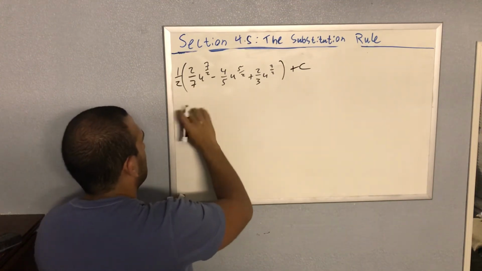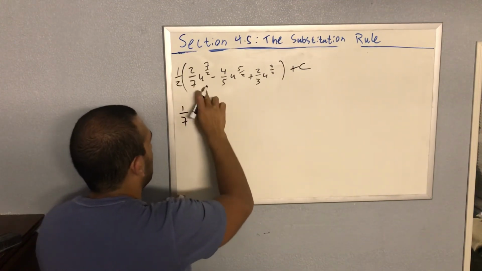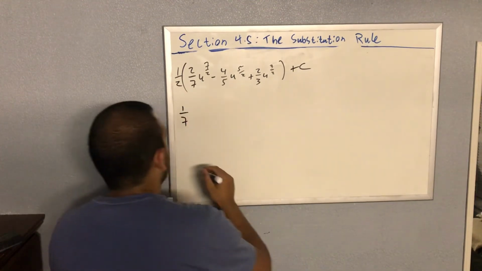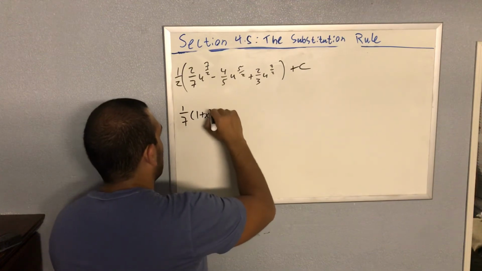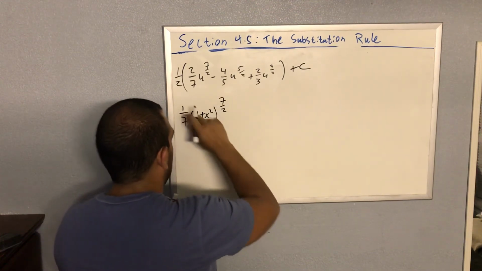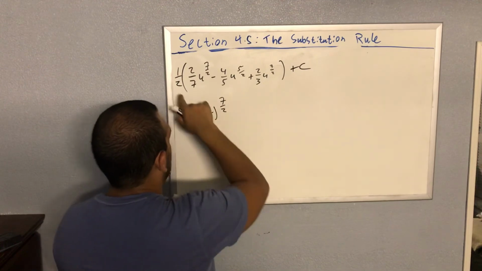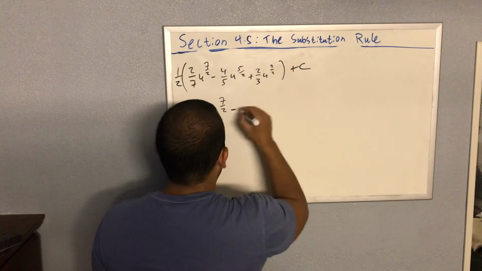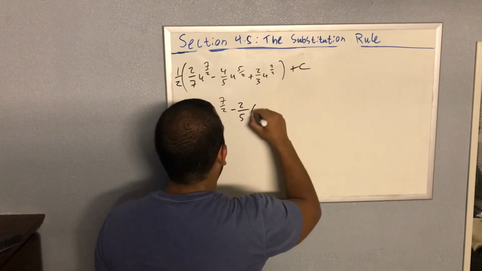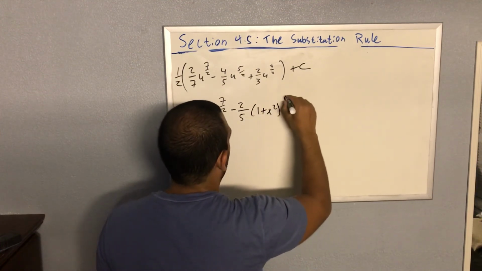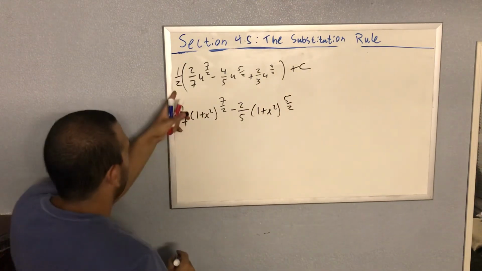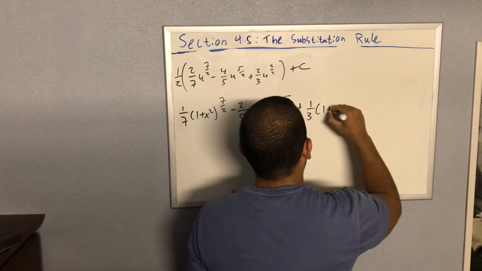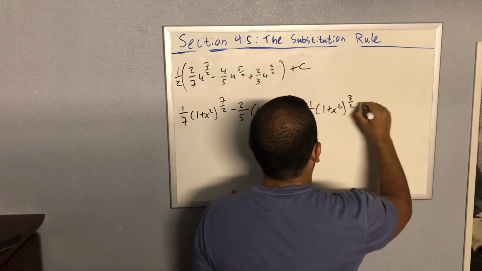and then, okay, so now you can start distributing the 1/2. So 1/2 times this is 1/7, and then let's substitute back for u at this point too. u is 1 plus x squared. So 1 plus x squared to the 7/2, and then 1/2 times this, the 2 will cancel with the 4 to give you 2/5, and then 1 plus x squared to the 5/2, and then 1/2 times this, the 2 cancels, so plus 1/3, and then plus b.